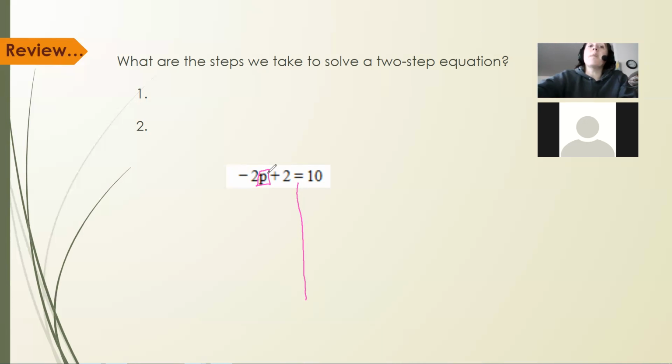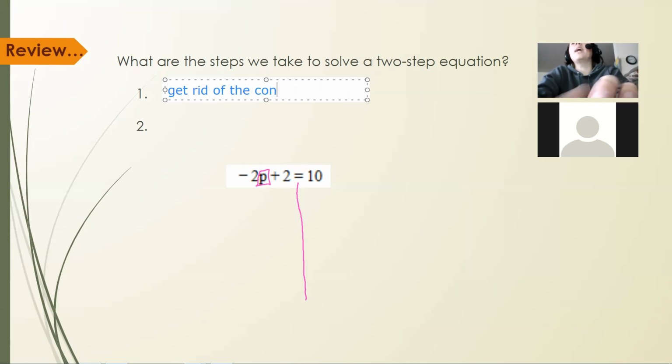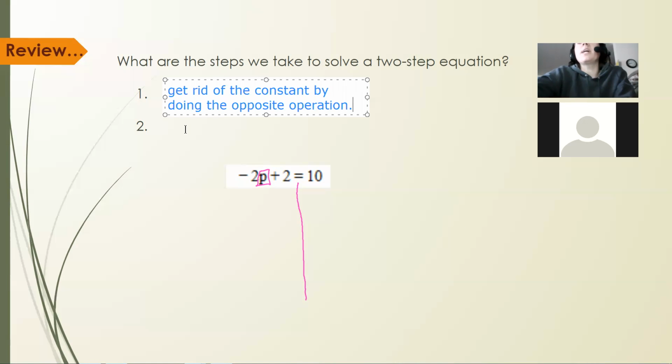So the first step that we would say is get rid of the constants by doing the opposite operation. So that's what that 2 is called. That is the constant.